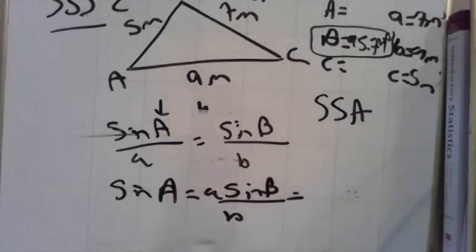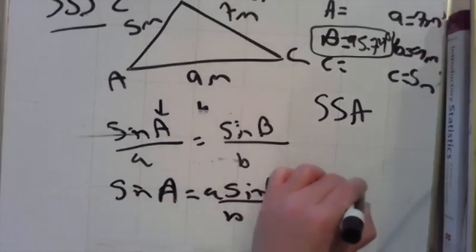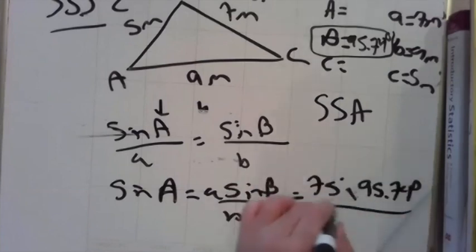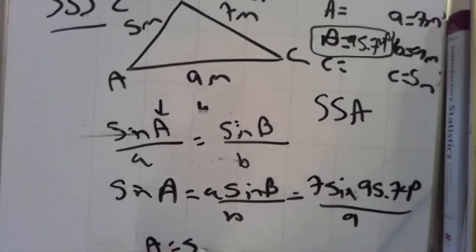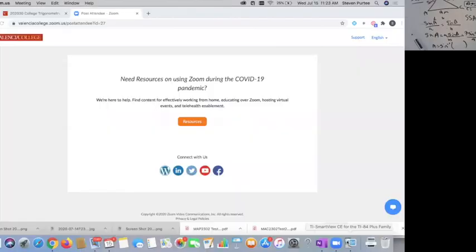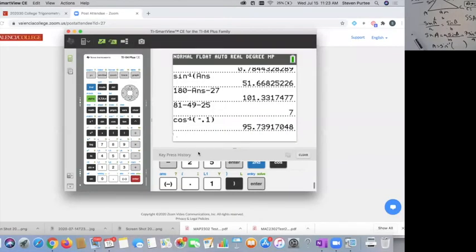B, that will be 7 sine of 95.74 degrees divided by 9. So A will be the inverse sine of whatever number I get there. So 7 times sine of that last answer. I'm lazy.